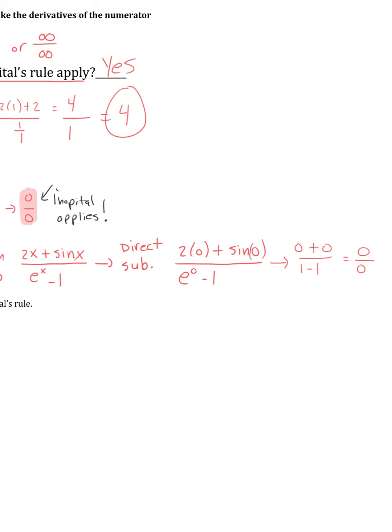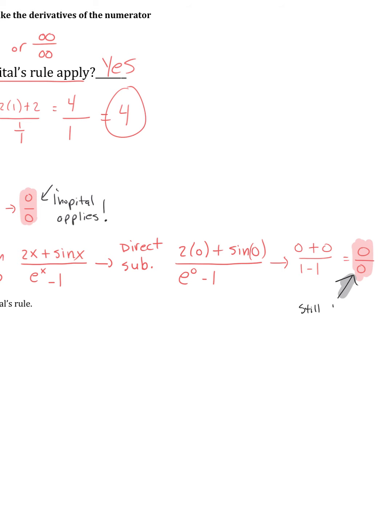Well, what does it mean if we still get 0 over 0 when we do direct substitution with the derivative? Hey, that means that we do it again. All right, so now we do L'Hopital's rule again. So just let me get this down.